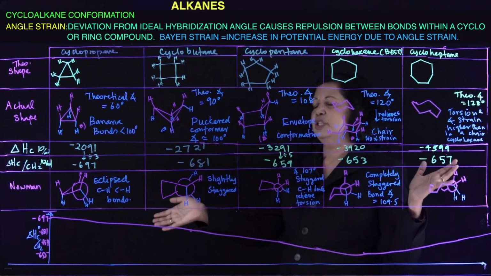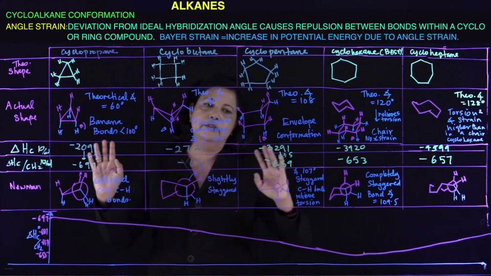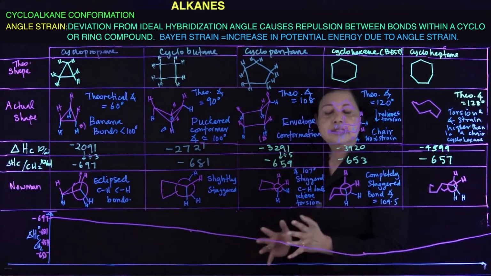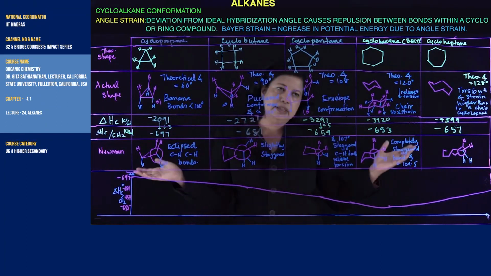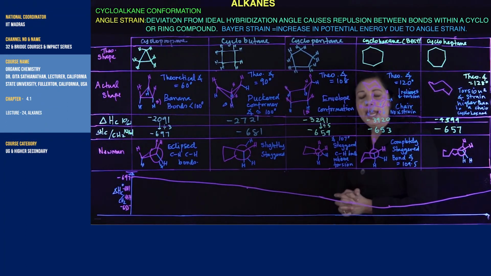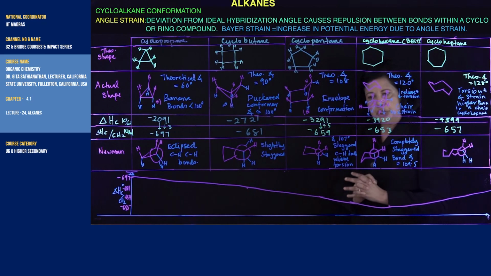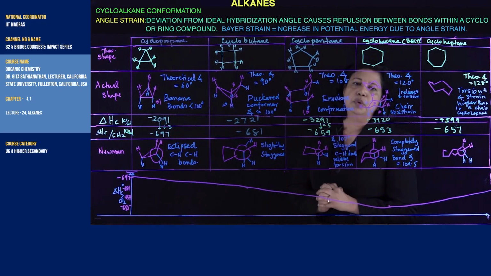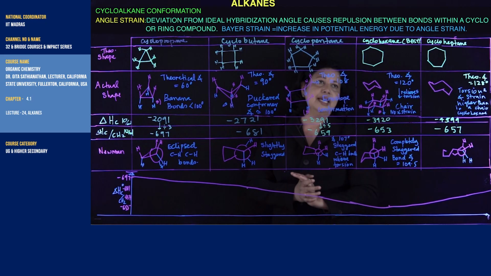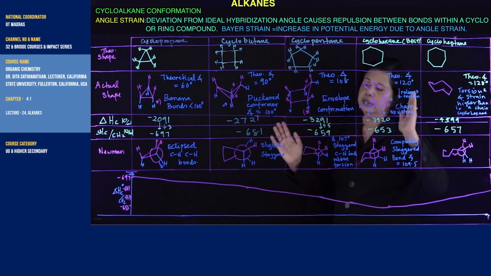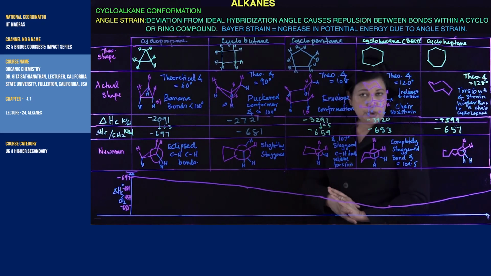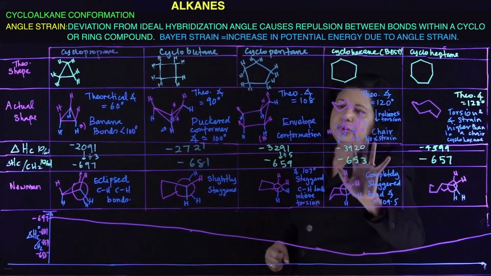So in summary, I just wanted to tell you that when you have ring structures, certain conformations are preferred over the others, and the reason for that would be the amount of angle strain and torsion it experiences in its most stable ring form. Cyclohexane has almost 0 angle strain and almost zero torsional strain, so that's the most preferred.